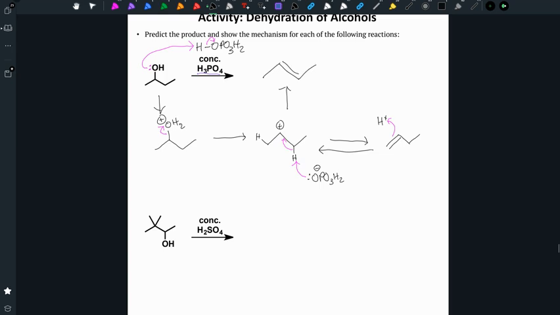And because this reaction is likely to reach an equilibrium between the two, it will settle on the more stable one, which is the Zaitsev product. So even if the less substituted product gets formed temporarily, in the end, my major product is going to be the Zaitsev product every time with an E1.